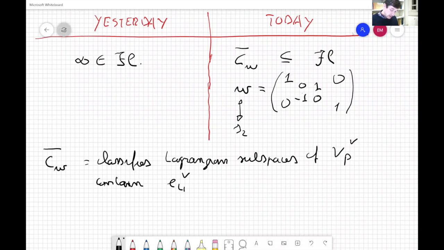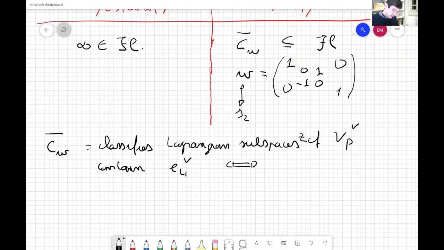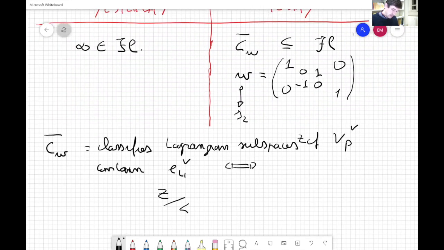Okay, so you see, if you fix such a space Z, then the quotient of Z modulo the span of E4 dual is contained in the orthogonal of E4 dual, which is the span of E4, E3, E2, and we mod out by E4. So we get actually a line inside this 2-dimensional space.